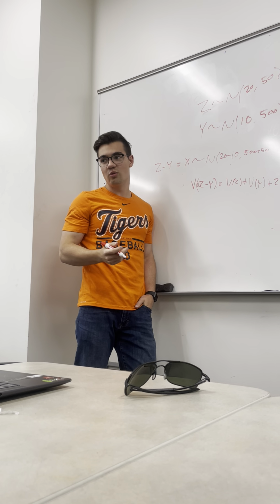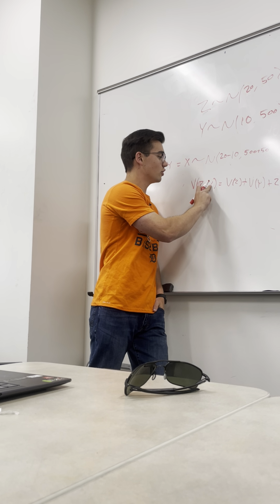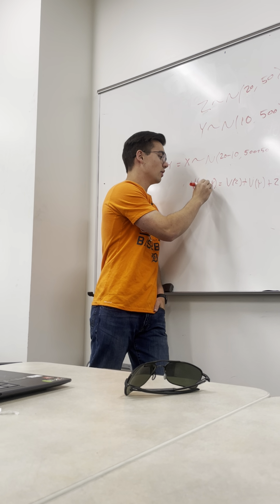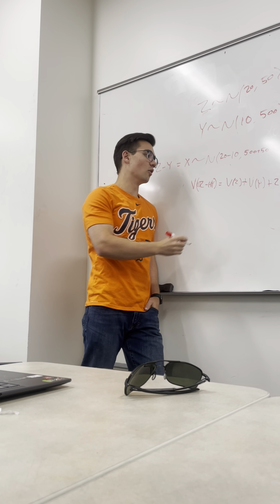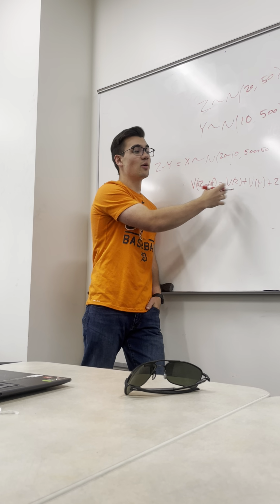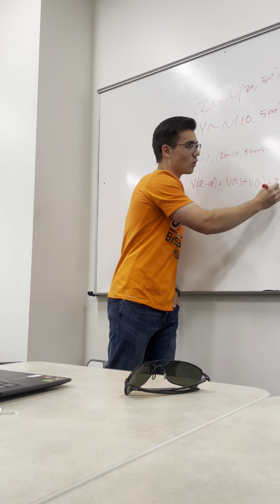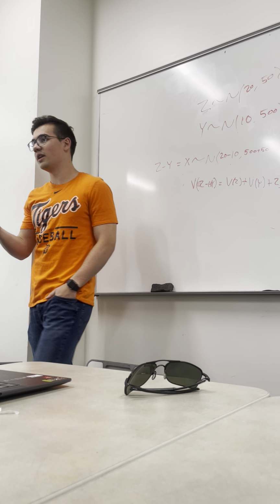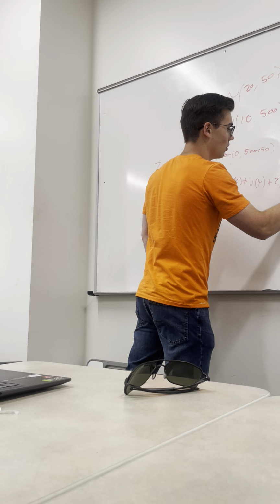Y has a negative 1 sitting in front of it. So we pull out the negative 1, and we square it. Well, negative 1 squared is positive 1. So that's why we add them together. And then because they're independent in this case, we don't need to worry about a covariance term. Because they're independent, their covariance is 0, and thus this term goes to 0.